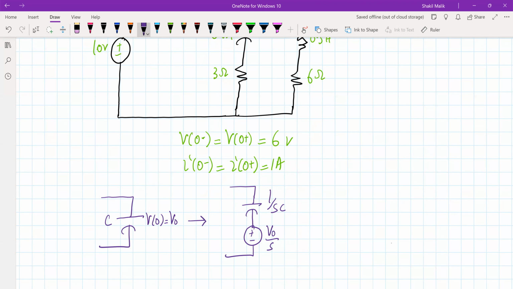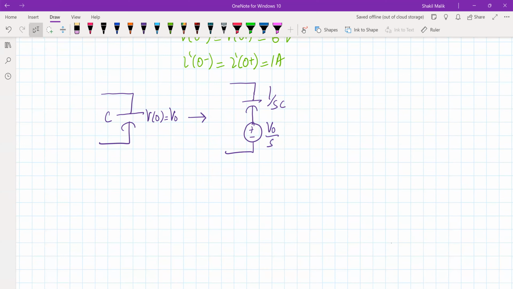In the same way we can draw the equivalent circuit of an inductor of inductance L, and if the value of i(0) is I0, then we can draw the equivalent model of this inductor.